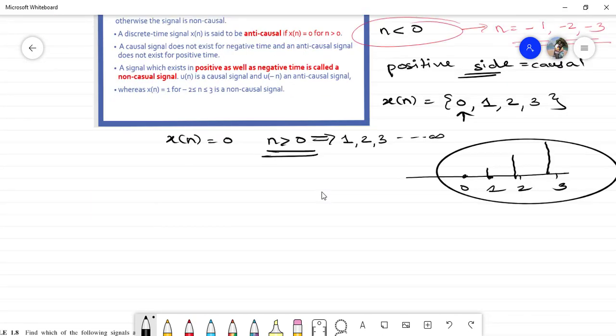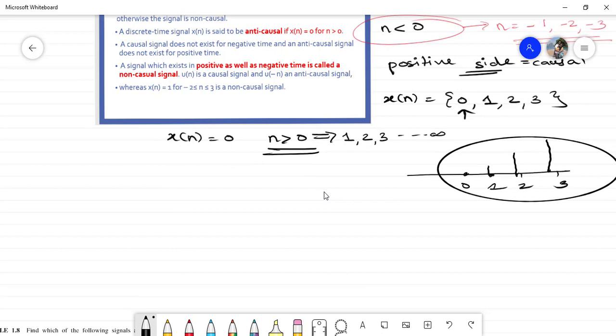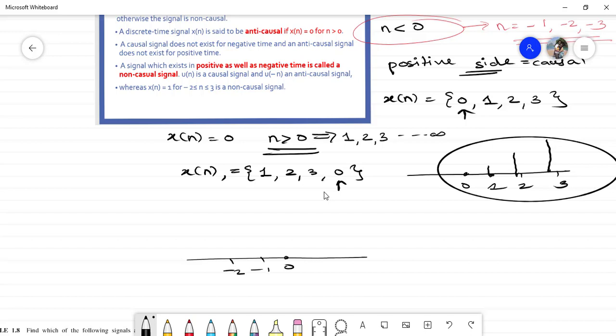So I can say that x of n is equal to, let's say, 1, 2, 3 and 0 with the pointer here. So all the terms are at the negative side. The graph, if I decide to plot, it will be 0, -1, -2 and -3. Okay, so in the entire plot, the values at -1, -2, -3 are 3, 2 and 1.